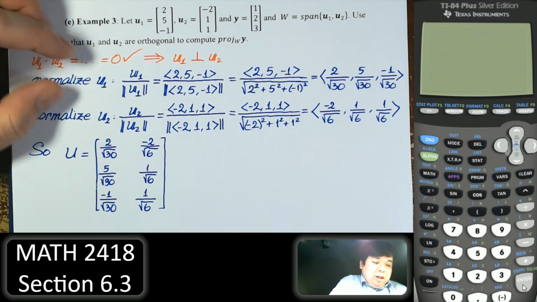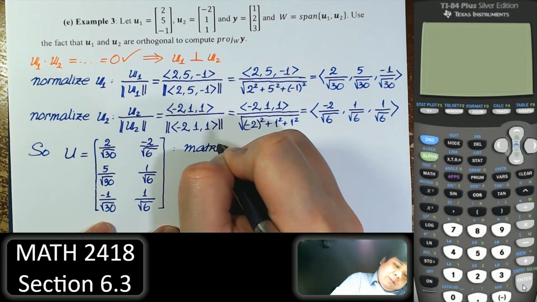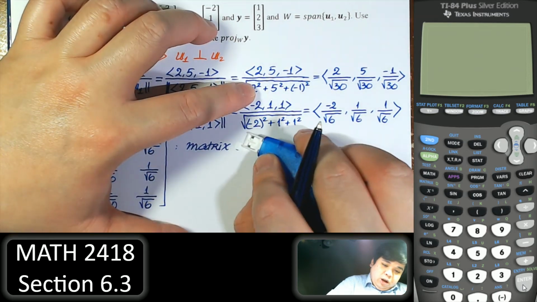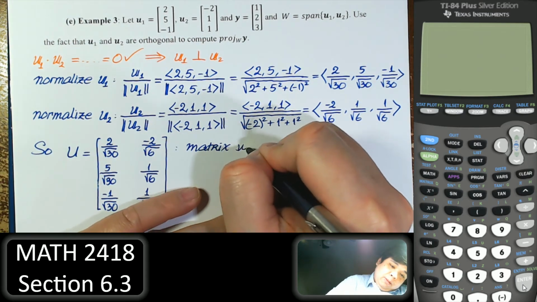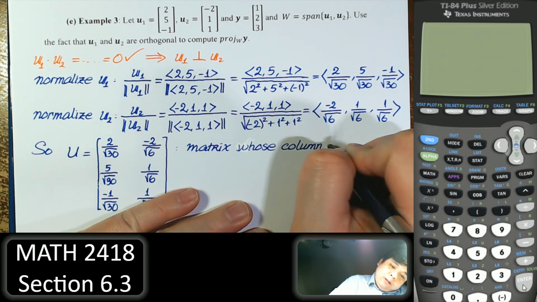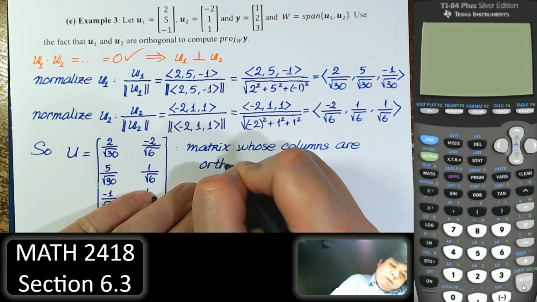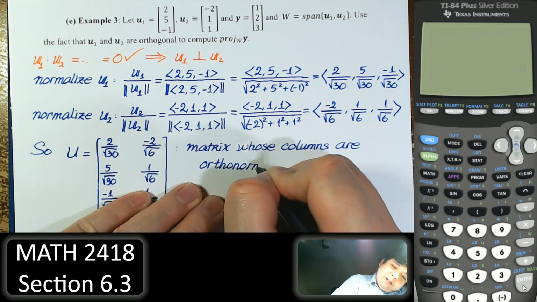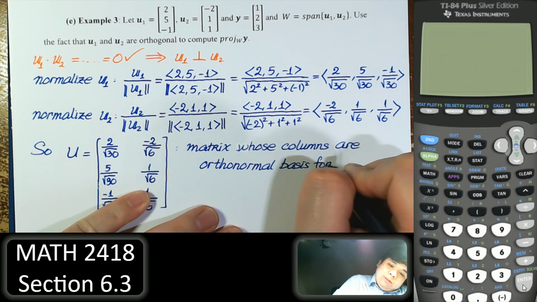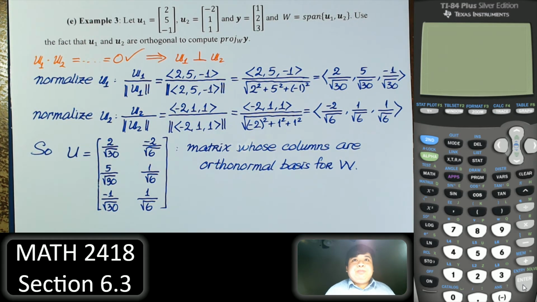So that is U. This is the matrix whose columns are an orthonormal basis for W. Right, so orthonormal.